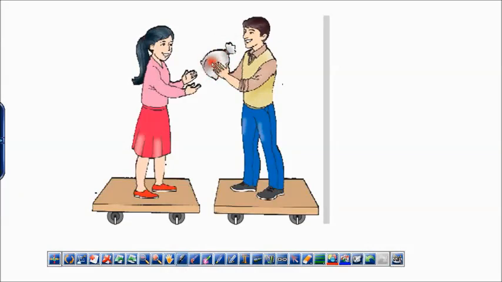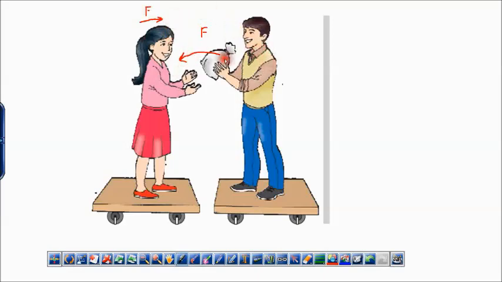They are playing passing the parcel standing on two crates, two movable trolleys. What will happen when they start playing? When they start playing, he applies some force on the bag. Therefore the bag has some force in it which the girl takes. That girl creates an equal and opposite amount of force. Then she throws, he receives it, and they keep catching.